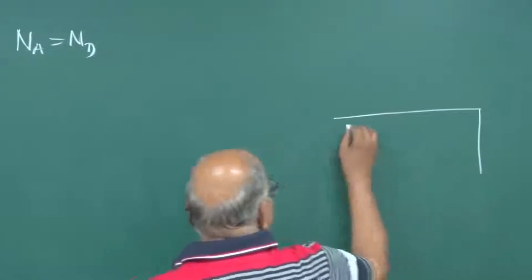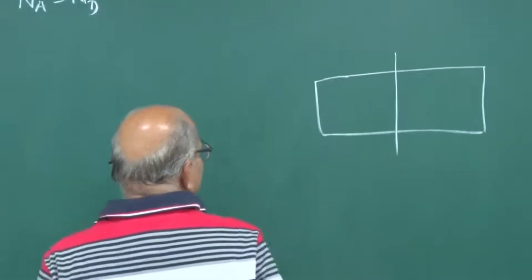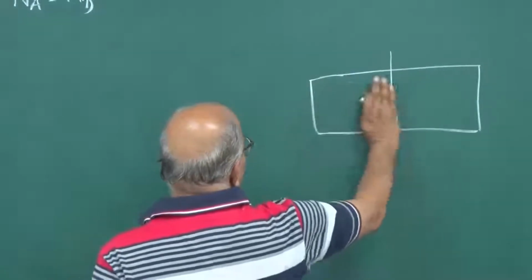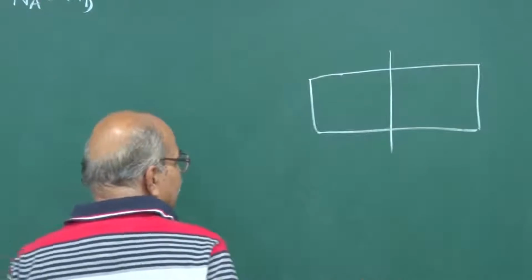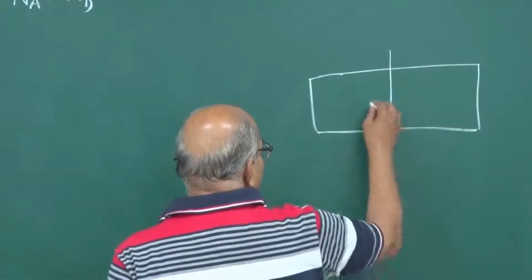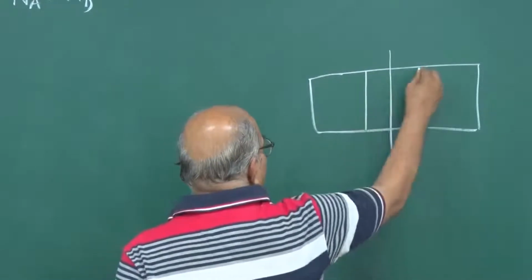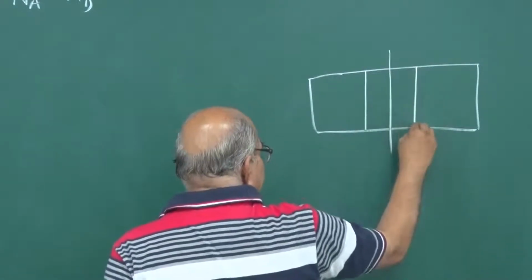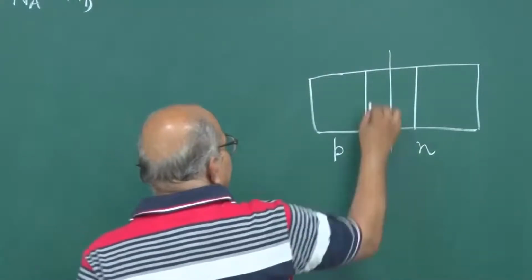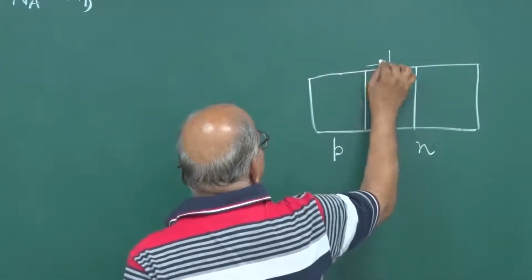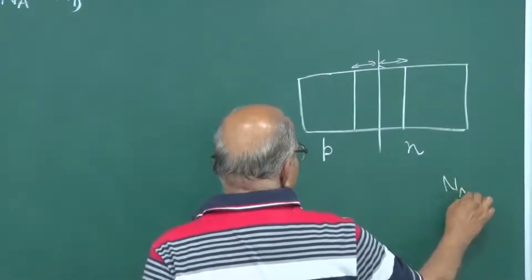If you denote your p-n junction like this, here is the junction, then from one side you have acceptor, on the other side you have donor, and since Na is equal to Nd, your depletion region will be of equal width on the two sides. So if this is the p side and this is the n side, this part is the same as this part because Na is equal to Nd.